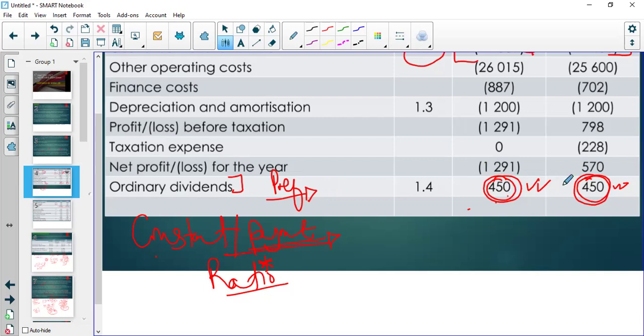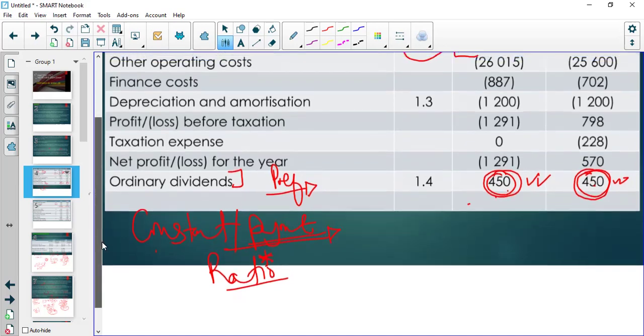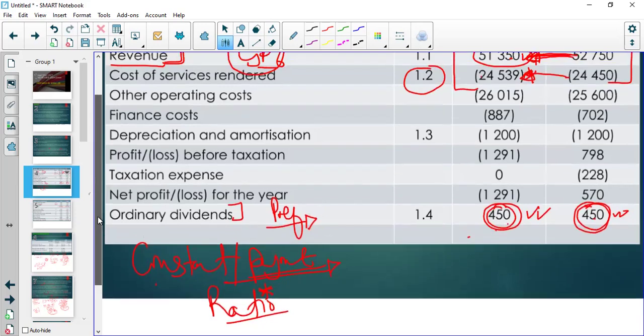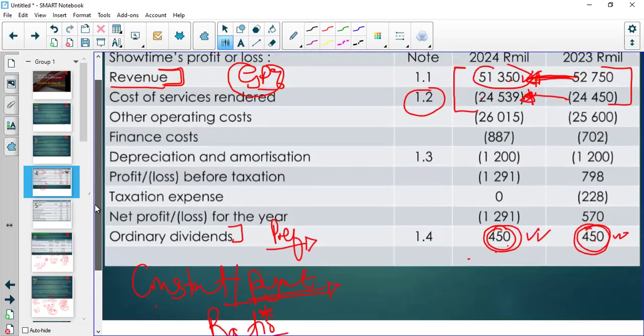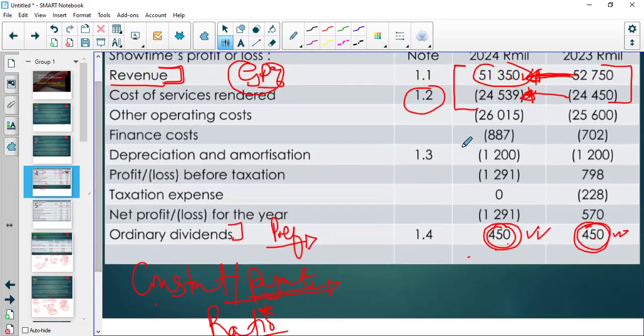Because we're having 450 being paid, 450 being paid, and we are also required to comment on the sustainability. Here the profit is 798, so we paid 450 regardless, and here we made a loss of 1,291 and we still made a payment of 450. So this is being paid regardless.